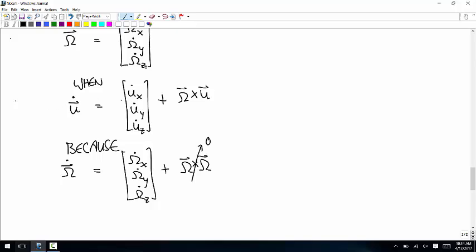Because the vector that we're taking the time derivative of in this case is capital Omega. Okay?